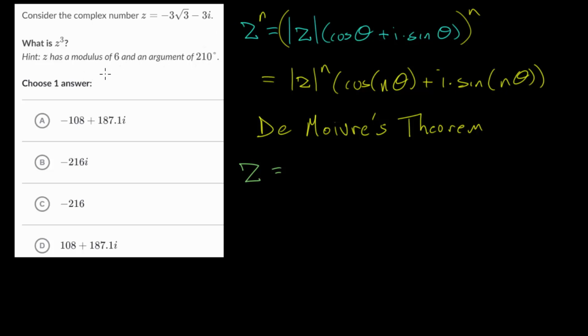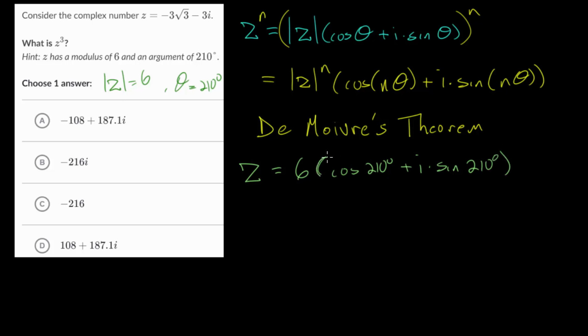So we are told that the absolute value of z is equal to 6, and that the angle is 210 degrees. And so we can rewrite this complex number in its polar form as 6 multiplied by the cosine of 210 degrees plus i times the sine of 210 degrees.